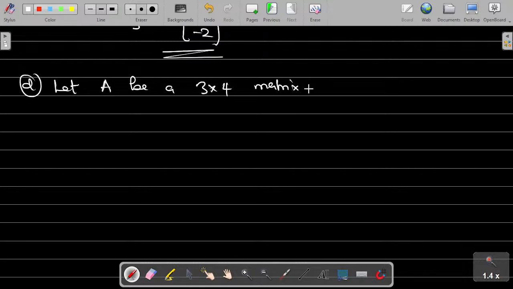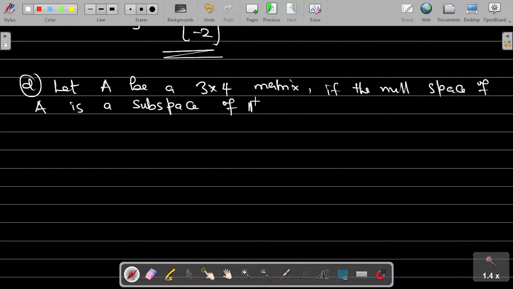It says if the null space of A is a subspace of R^k, that's R to the power of k, meaning R with dimension k, then what is the value of k? That's what they asked in question 4.